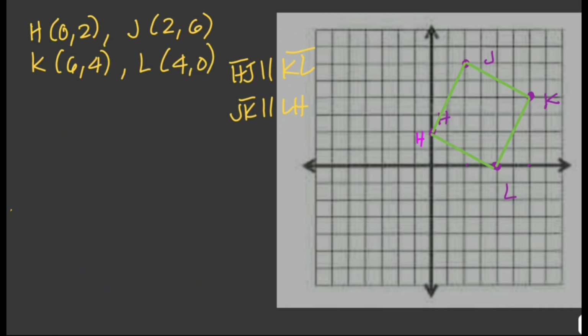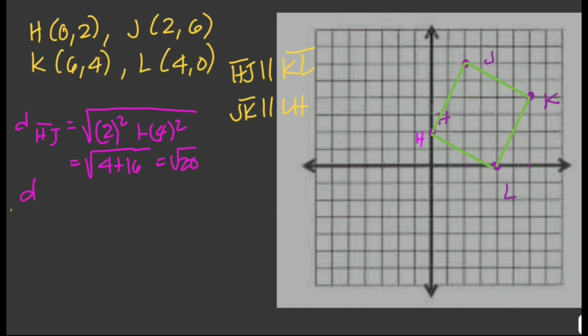Alright, the distance from point H to J is just the square root of 2 minus 0 is 2, then 2 squared, plus 6 minus 2 is 4, that is 4 squared. So this is just the square root of 4 plus 16, or square root of 20.